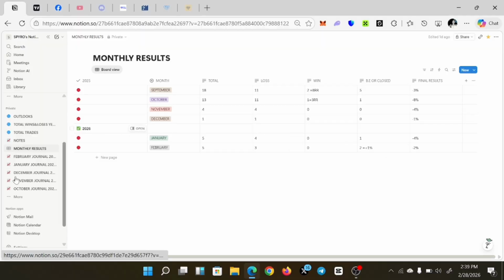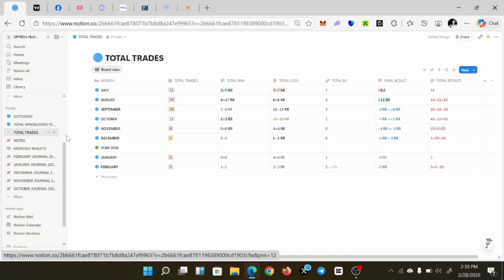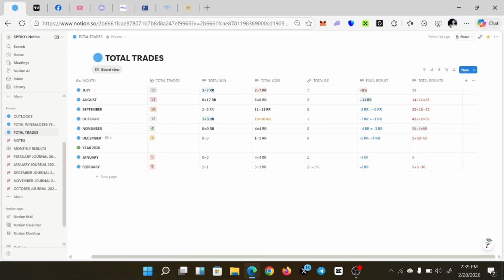Now let's see something. Let's go to total trades. Let's see. So this is it. February, 5 trades. We've all analyzed this. But when you put it together, I took 5 trades in January and 5 trades in February.